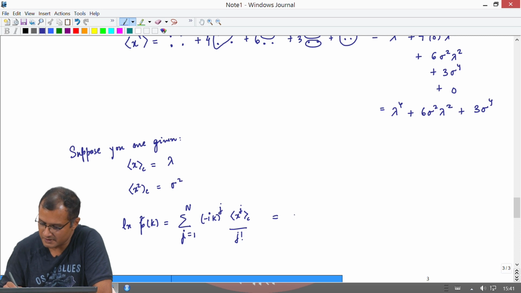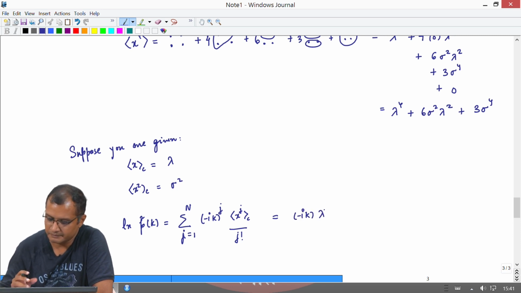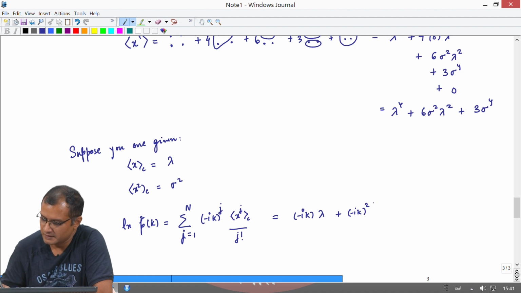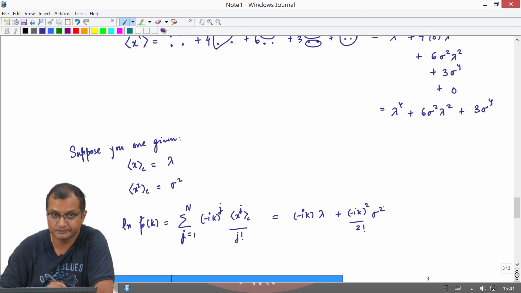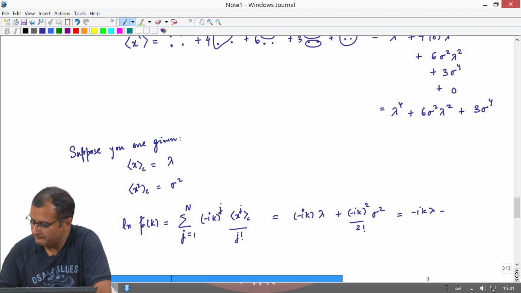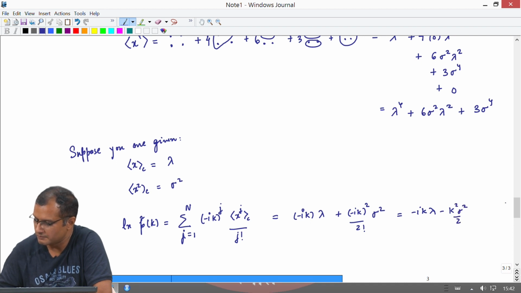So, the first term is minus ik into lambda, because that is the first cumulant, and the second term in the expansion is minus ik to the power 2 upon factorial 2 into sigma square, which is basically minus ik lambda minus k square sigma square by 2.